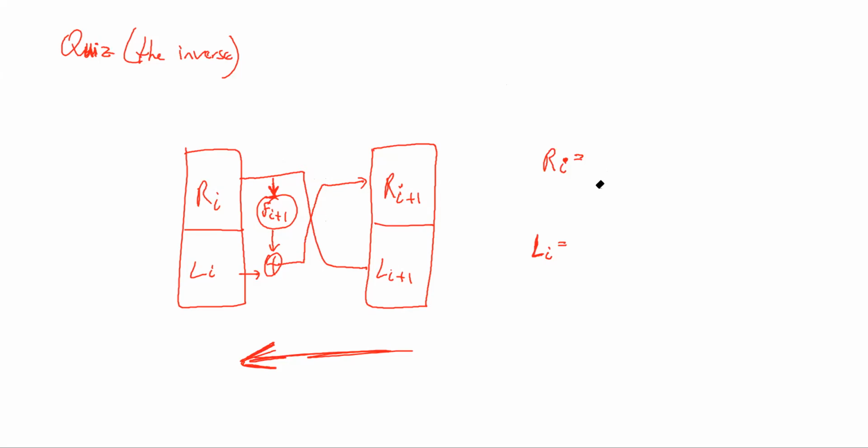If we want to get Ri in the same manner, all we need to do is take Li plus 1, so it's basically this one travels now in that direction.